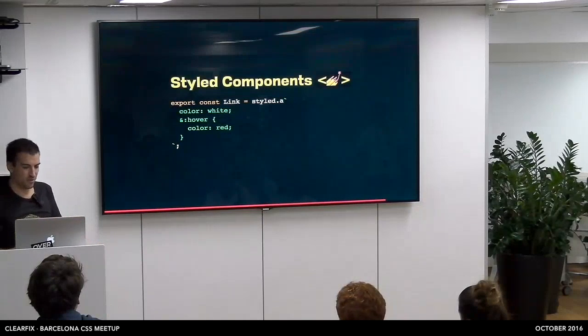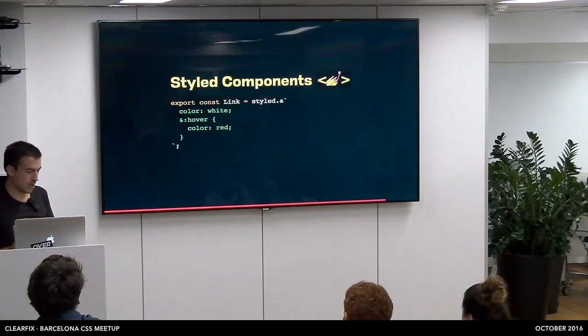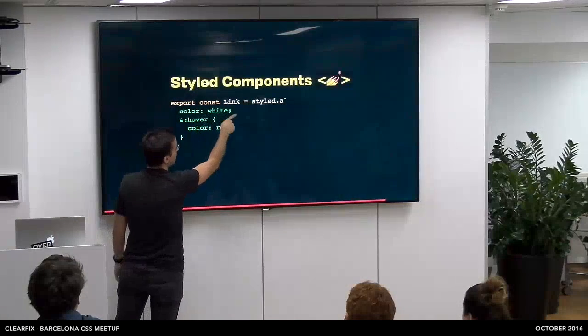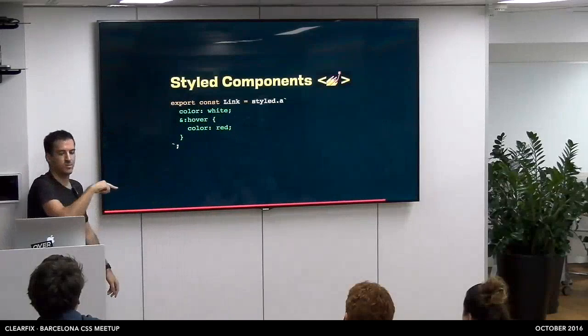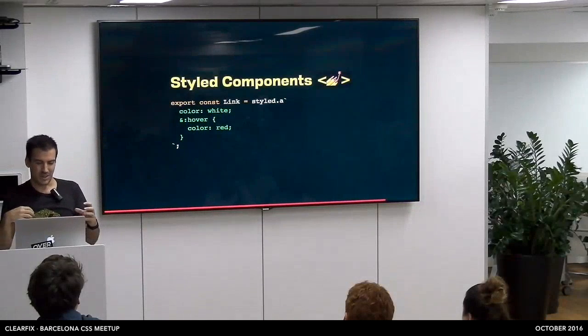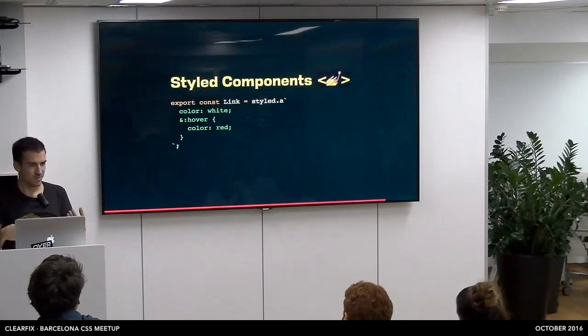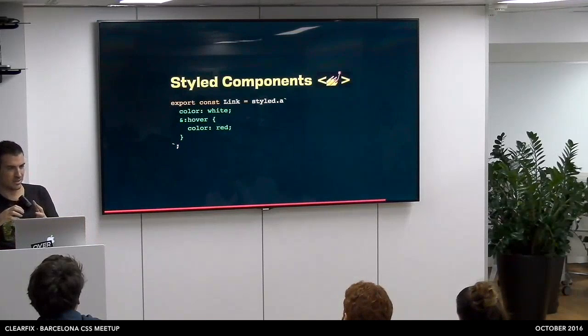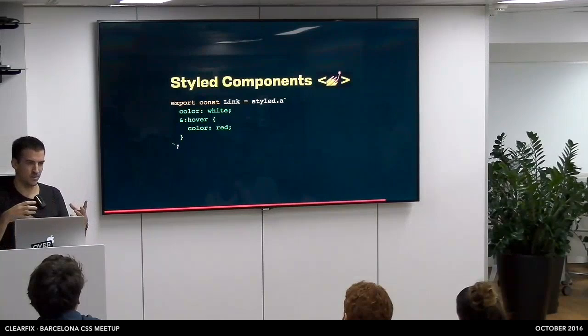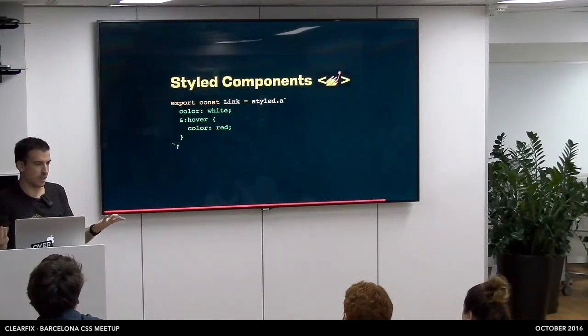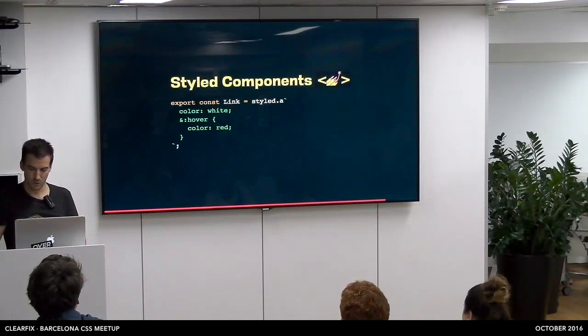You get like 3 functions and you do everything with that. So here you're basically creating the component and styling it. At the same time you are defining a class, the things that depend on that class, and creating the component. Then you just use Link as a component. Super cool.